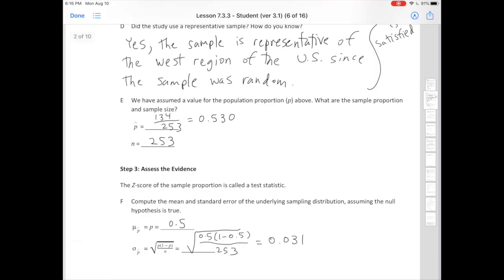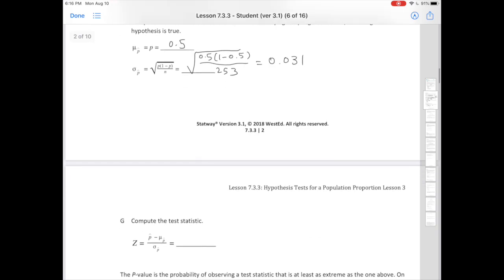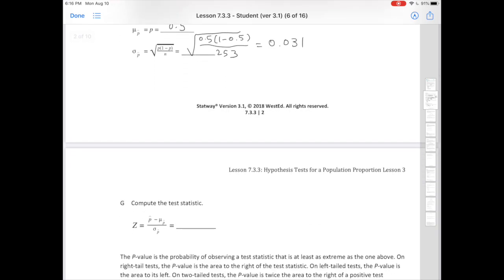Okay. All right. So let's compute the test statistic now. This is the same as finding the z-score. So remember, for the z-score, we're going to do 0.530 minus, that's p hat, right? And then minus the mean, which is 0.5. And then we're going to divide that by 2.